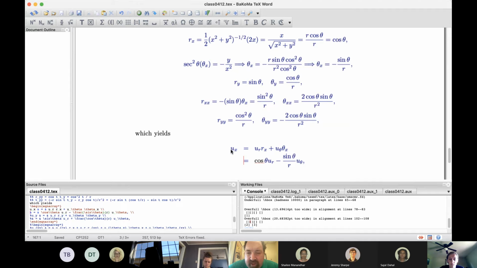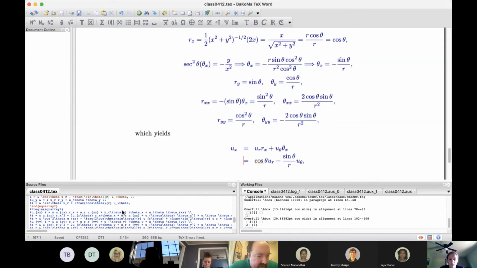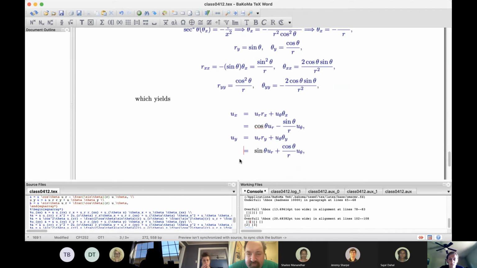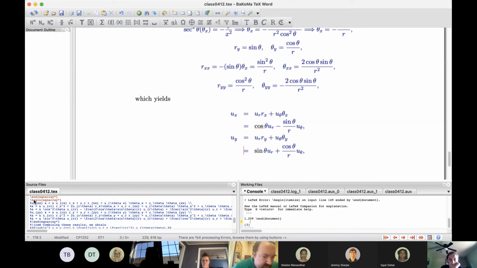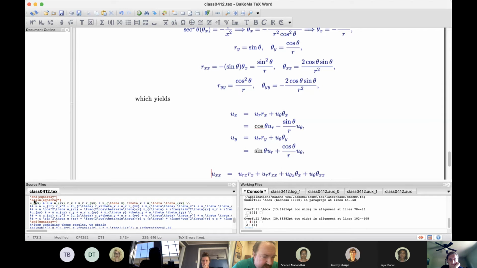So now I have du/dx in terms of ur and u theta. And I could do the same with du/dy. So then I can do the same to get the second partial derivatives of u.